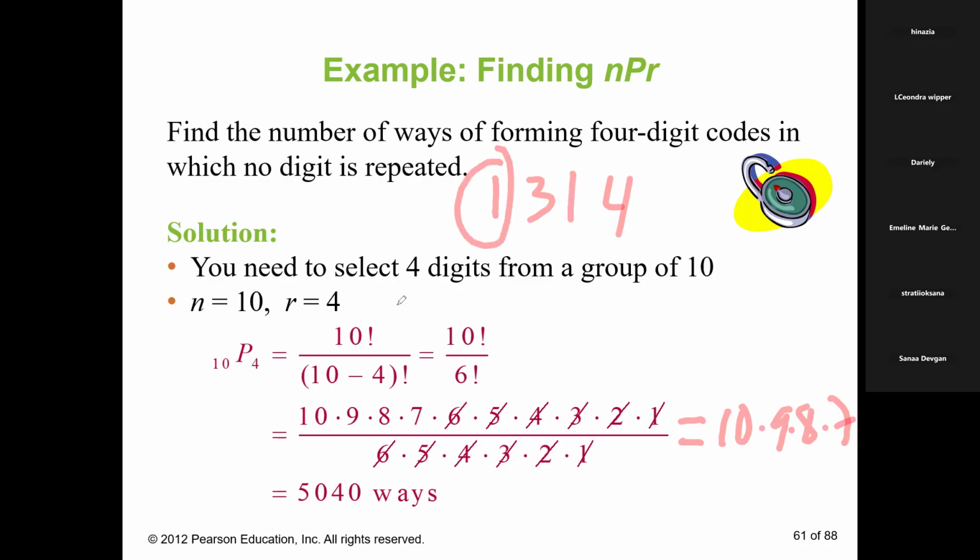You repeat 1. Okay? So therefore, you cannot repeat. Later on, you're going to use a different formula if you want to repeat a digit, okay? That's permutation. Got it?